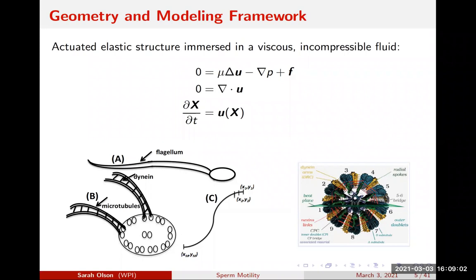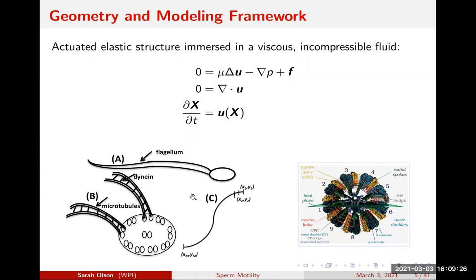For different species of sperm, whether mammalian or invertebrate, there are different additional structures. Also depending on the species, some of these microtubule doublets have fused together, and then you can get a planar, quasi-planar, or helical beat form.